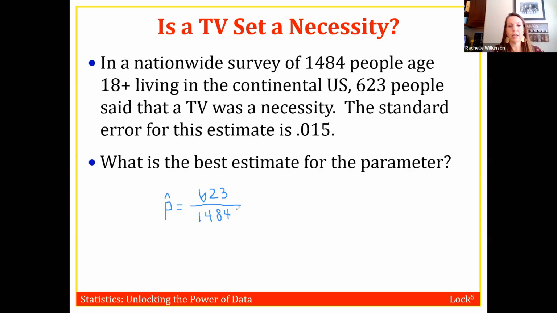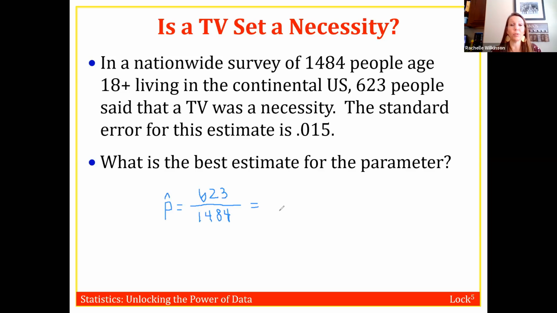Figuring that out on my calculator, I get 0.4198113. In our class, always use at least 3 decimals unless you're told otherwise. I did see on a few of the homework problems that people just round.